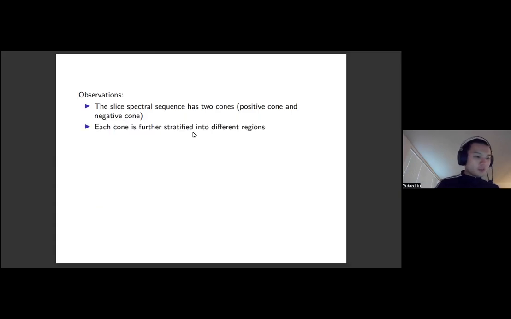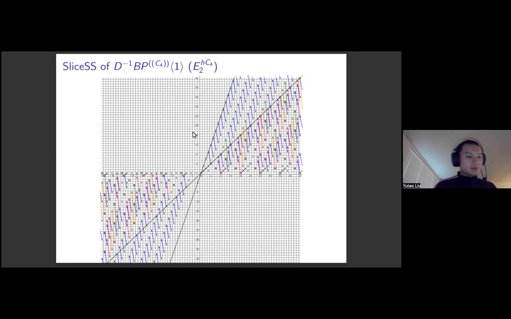Moreover, we can stratify each cone into different regions. In this example, each of the two cones is divided into two different regions, where each of the two regions has completely different behavior of the differentials. On the upper region, it seems to be quite symmetric about this line of differentials, but in the lower region, different kinds of differentials are just mixed together.